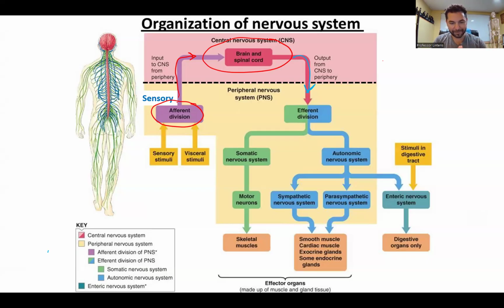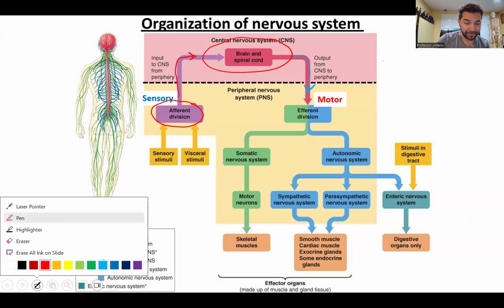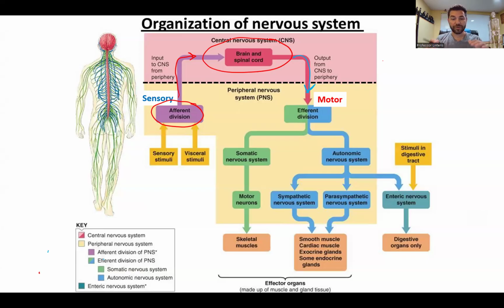That's very, very important, right? Sensory messages go to the central nervous system, and motor messages go away from the central nervous system, right? So you can see the arrows coming in or the arrows going out. That is a very important differentiation that you must understand because we will continue to talk about it over the next couple lectures.